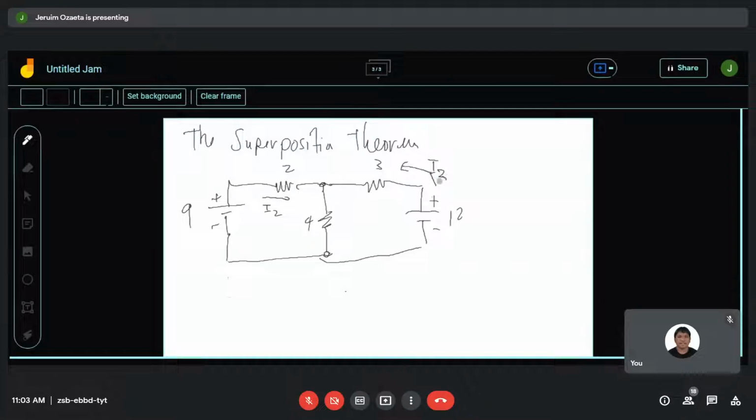I sub 3 is the same current from the 12 volts. I sub 2, the same current coming from the 9 volt source. So sabi ng superposition theorem, we can take I sub 2 at the moment by short-circuiting the 12 volts supply.